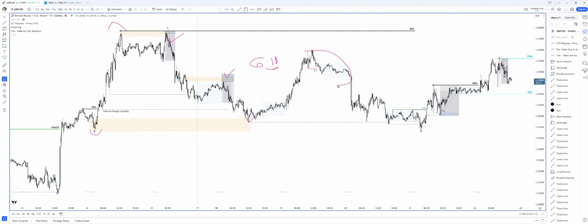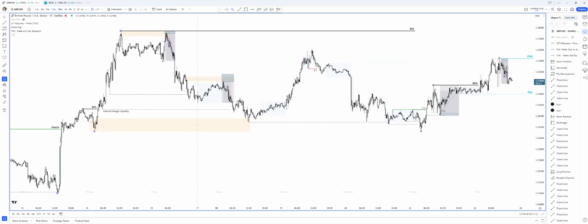I couldn't find anything here, but here can find one entry, and then here and here. So it's like 1, 2, 3, 4, 5, 6. 6 days, 6 entries in inside bar. During these days also we can find the entries, but we still know what our major range is.